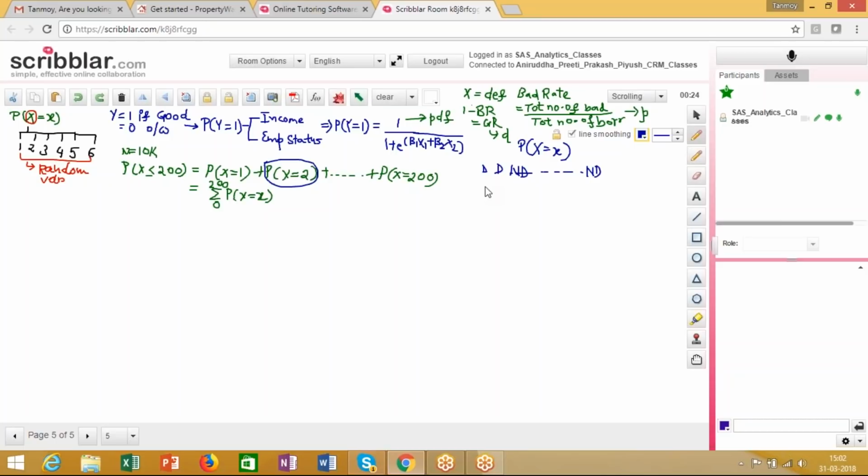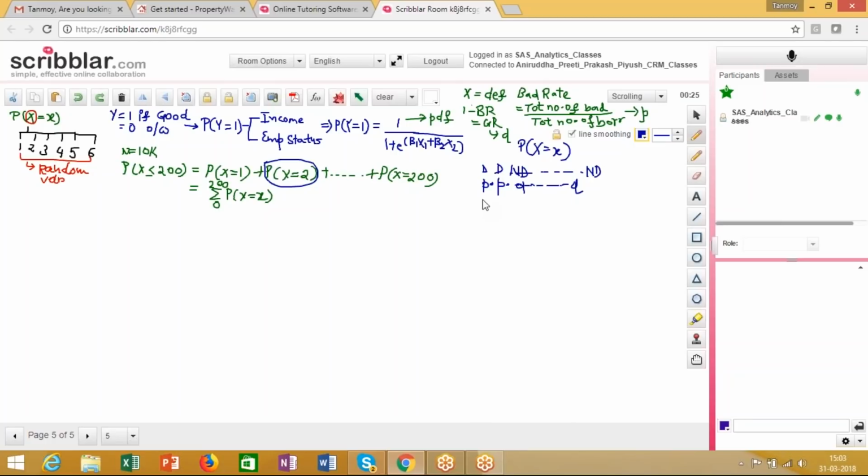So from here, what you can see is that the success among these trials has happened only in the first two trials. The remaining 998 trials have turned out to be a simple failure. So this is one possible case. Over here, p has realized, that is the probability of success, but for all the other trials, q has realized.